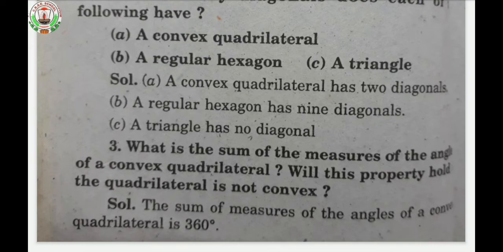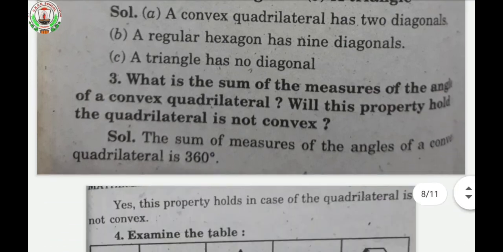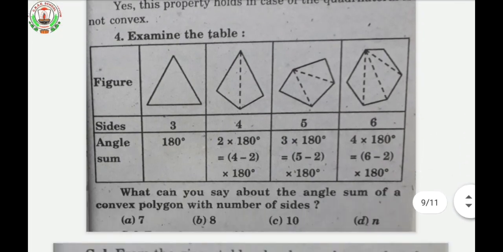Whether it is a concave or convex quadrilateral, all the 4 angles of a quadrilateral will be equal to 360 degrees. So the solution is: the sum of the measures of the angles of a convex quadrilateral is 360 degrees. The second part of the question asks whether this property holds if the quadrilateral is not convex. Yes, this property holds if the quadrilateral is not convex. So that is question number 3.